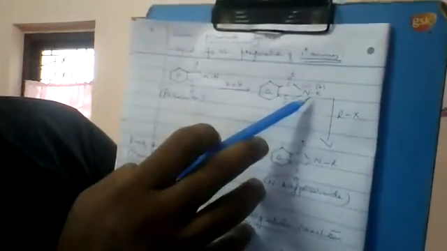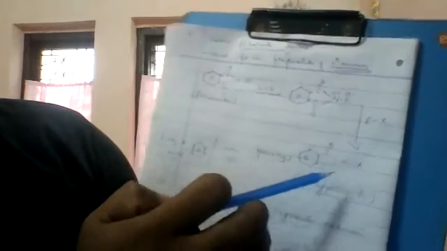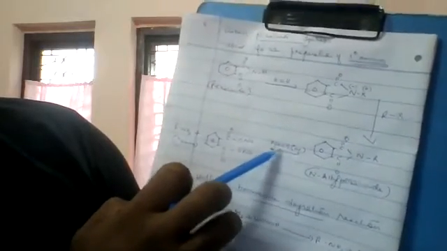So here this K is replaced by R, which is called N-alkyl phthalimide. Then treatment with aqueous sodium hydroxide, we are getting a primary amine plus the sodium salt of phthalic acid.